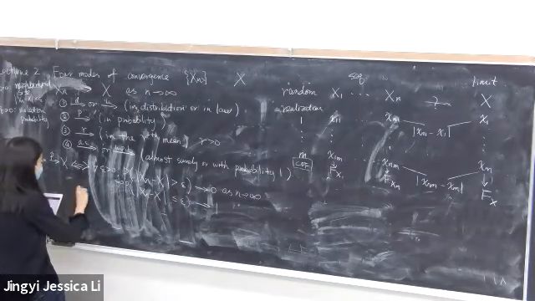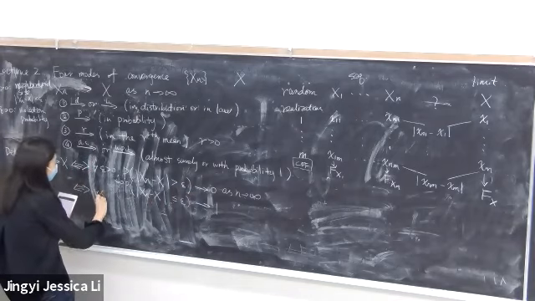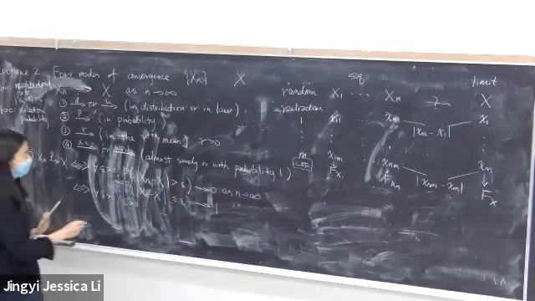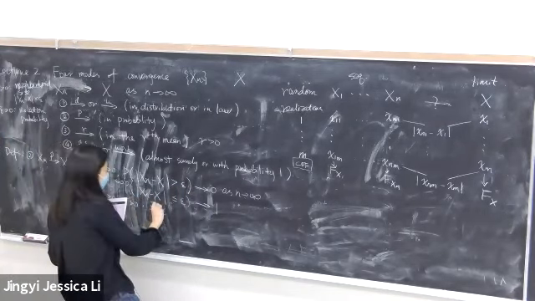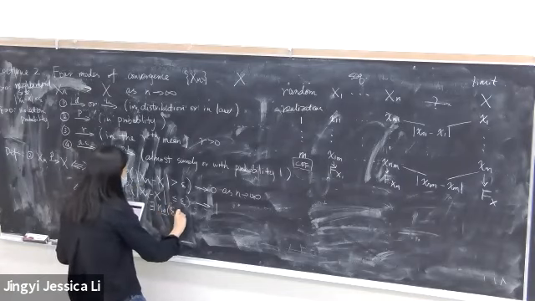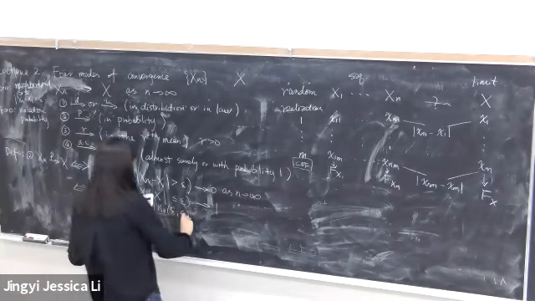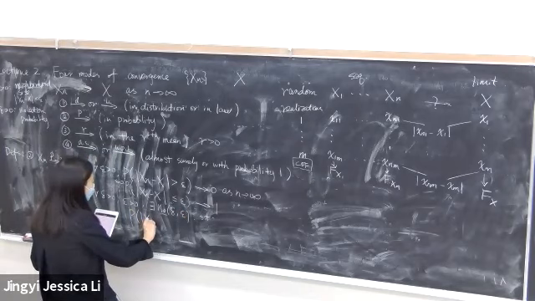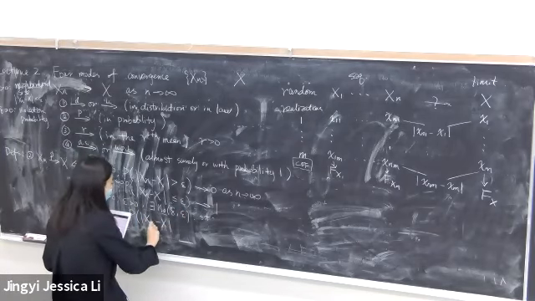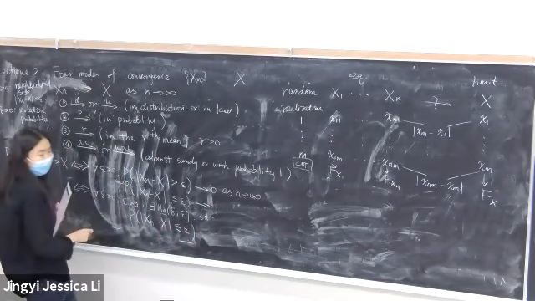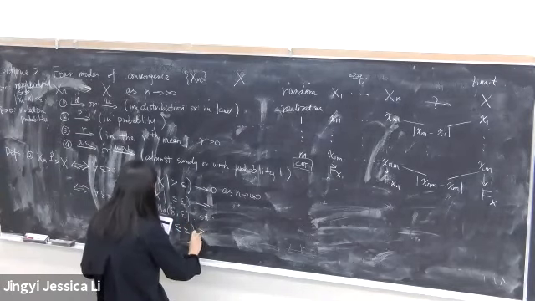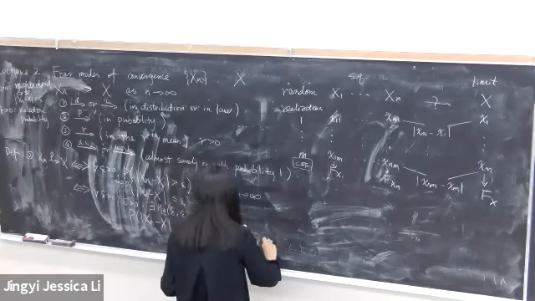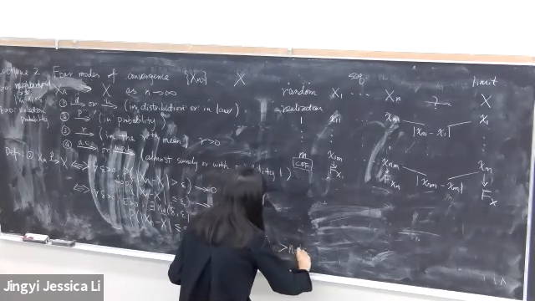Equivalently, I can write: given a violation probability delta and any neighborhood size epsilon, there exists an order in the sequence n0 that depends on both delta and epsilon, such that the probability that xn minus x is less than or equal to epsilon happens with probability at least 1 minus delta for all n greater than this n0 of delta and epsilon.